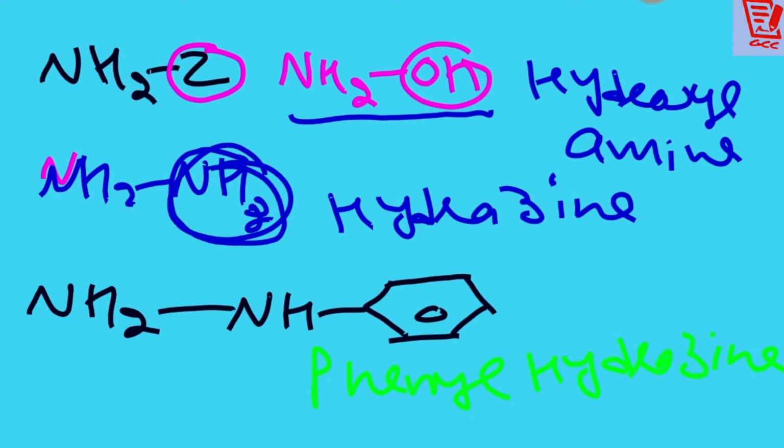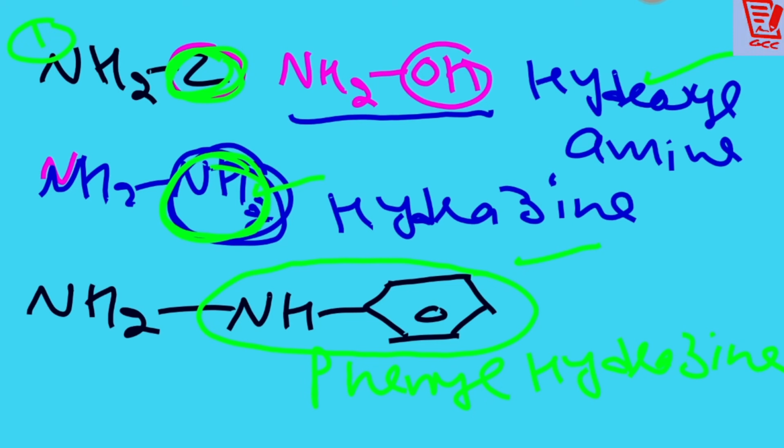So number 1: when OH is at the place of Z, it is hydroxylamine. When NH2 is there, it is hydrazine. When NH and benzene are there, it is phenylhydrazine.